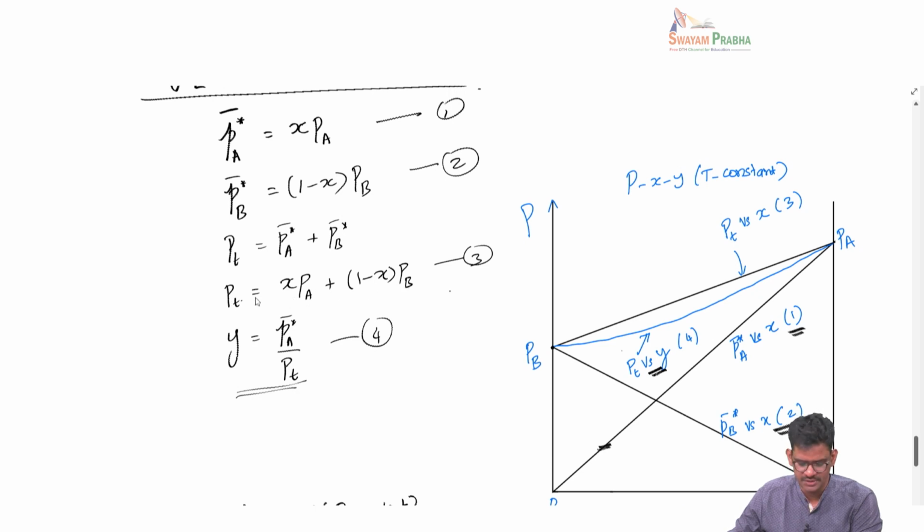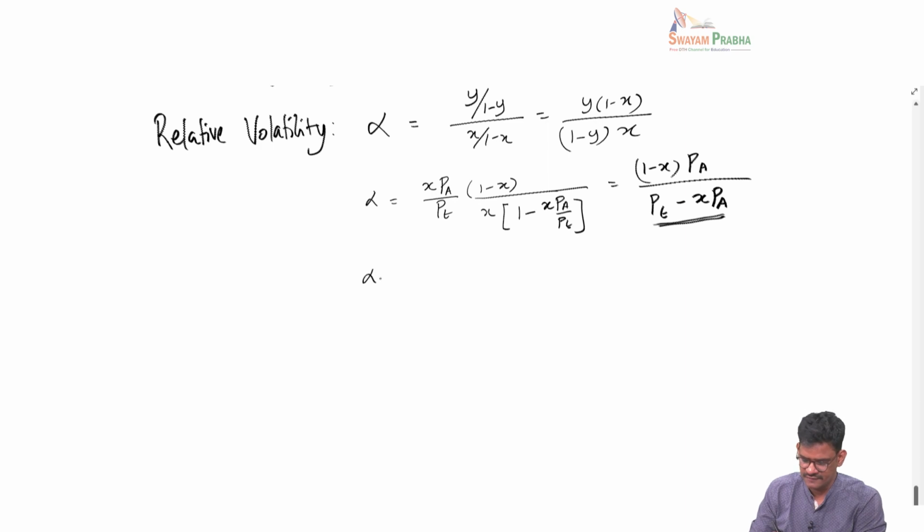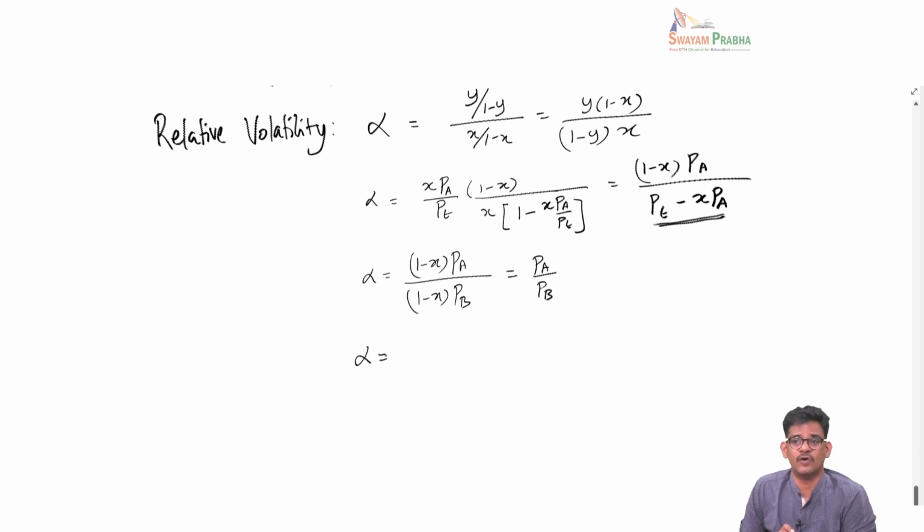I am saying PT minus x PA is nothing but 1 minus x times PB. So we write alpha is equal to 1 minus x times PA over 1 minus x times PB, which is nothing but PA by PB. So for mixtures following Raoult's law, the relative volatility is nothing but PA by PB.